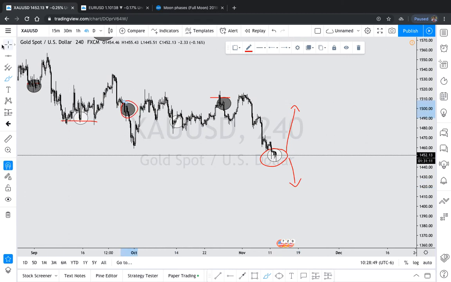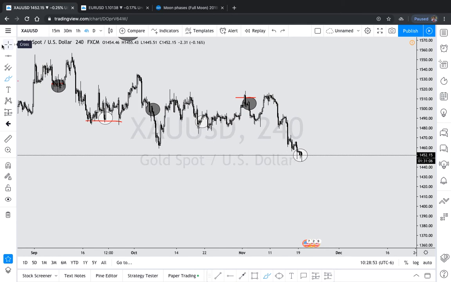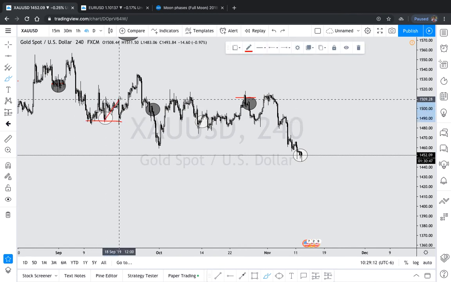This is just one example. Obviously, I'm not saying this is the holy grail of trading, but this is definitely something that I found extremely interesting. And the psychology behind it, I think, is what makes it so incredible. I want you guys to remember one thing: these markets move because of the amount of money that's put into them. So if there's a lot of buyers in the market, obviously the market's going to go up.